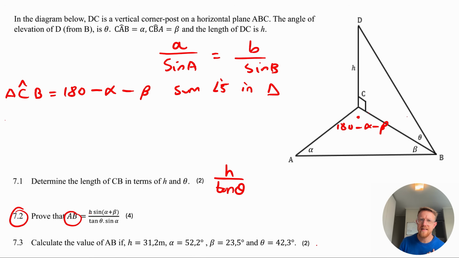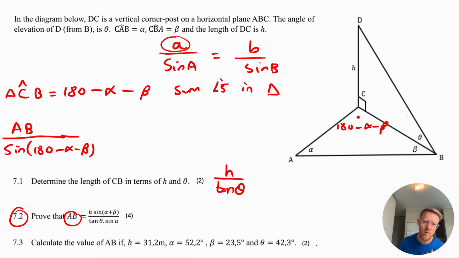So now we can go use this formula. We can say that AB over the sin of the angle opposite AB, which is this one over here, so sin of 180 minus alpha minus beta. Notice I'm not looking at the other part; I don't care about that right now.